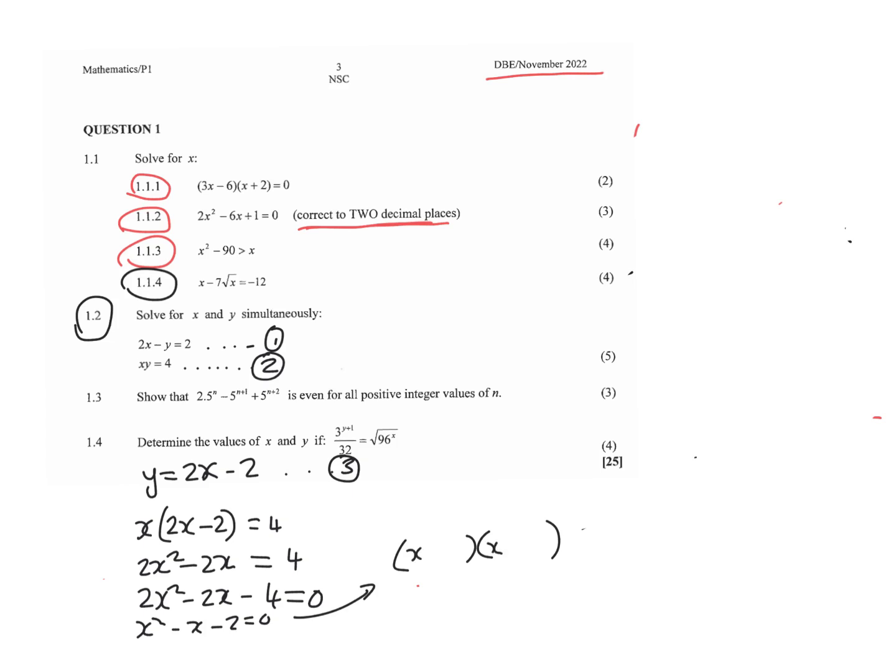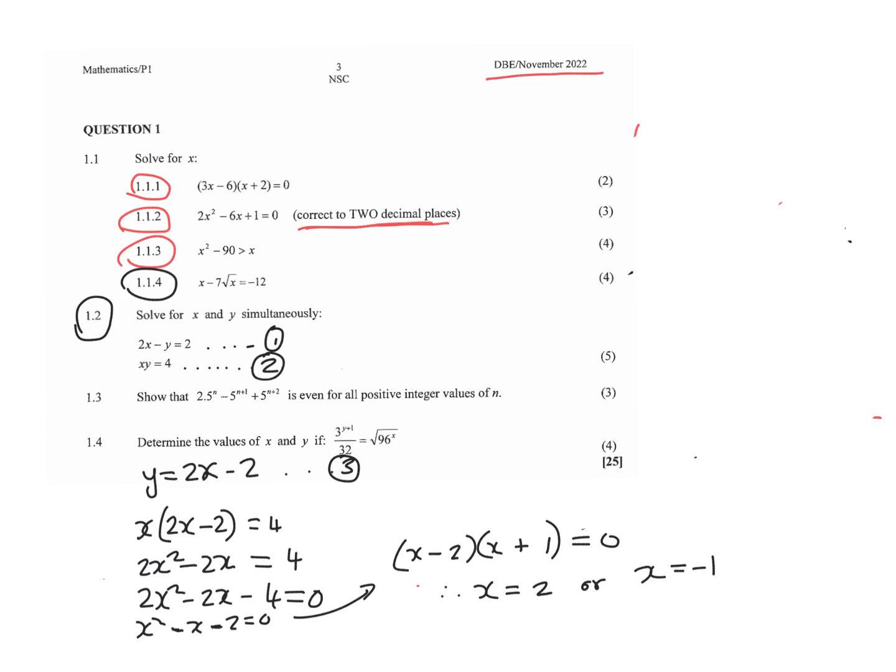How do we get 2? We get 2 using 2 and 1. And we have a negative there on 2. It tells us that the signs must be different, and the sign of the bigger number will carry the sign of the middle term. So we have a negative and a positive equals 0. So we say, therefore, x is equal to 2 or x is equal to negative 1.